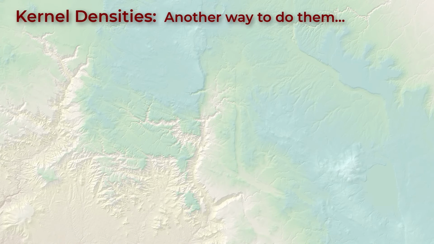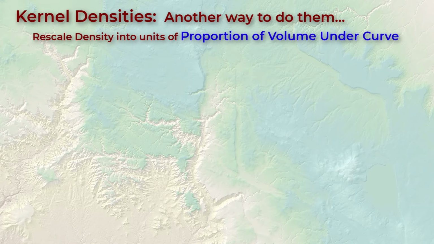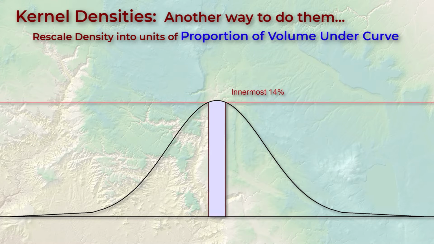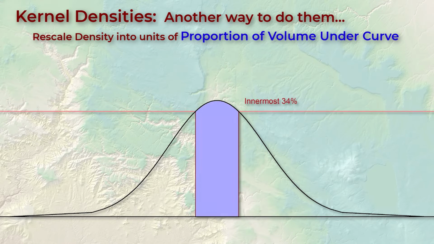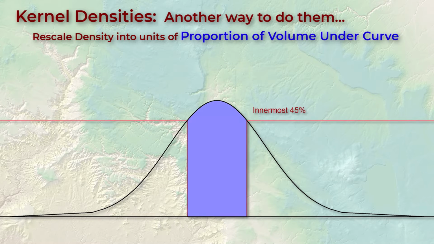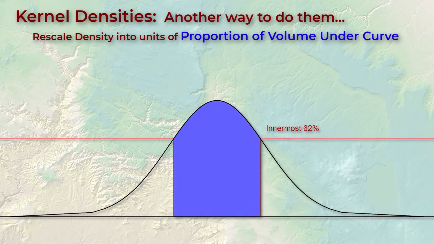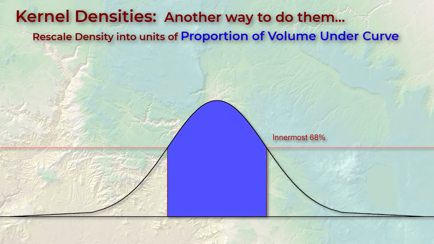So if you're into coding, there actually is an alternative. When we use kernel densities to generate home ranges and core areas, it'd be very helpful to rescale those density values into, say, proportion of the volume under the curve values. This process would essentially convert the density values to probability values, showing the probability of an animal being inside a certain area, or equivalently, the proportion of time the animal was observed in a certain area.